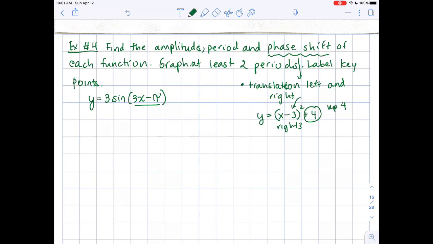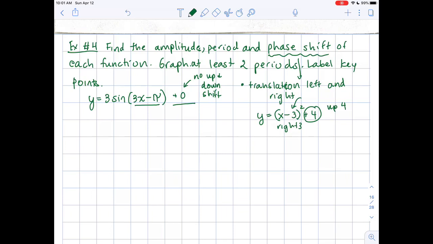There's stuff going on inside the parentheses, which is going to affect the phase shift as well as the period. And then there's nothing being added or subtracted. So I'm going to go ahead and put plus 0. So no up and down shifting or transformations.